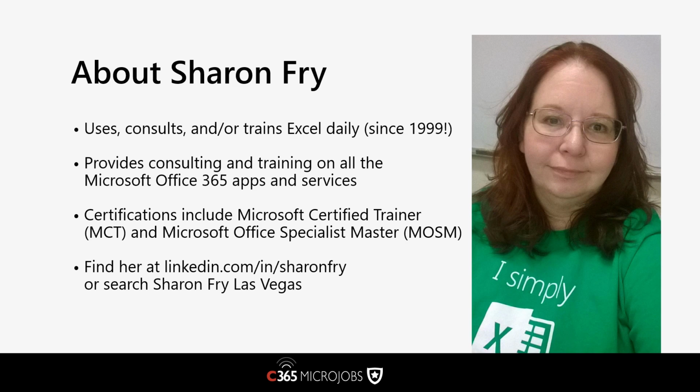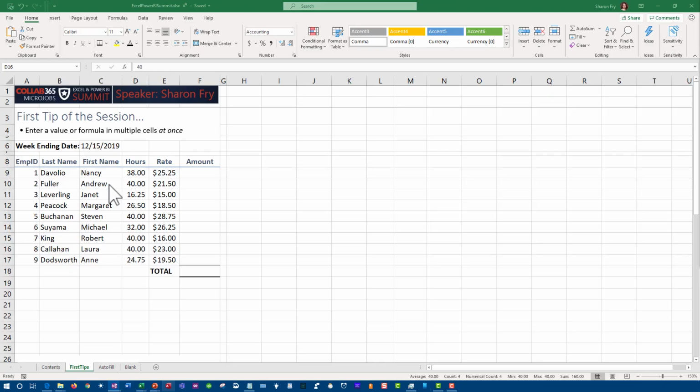Now let's get back to the demo. Typically, I prefer not to hide rows and columns, generally because you forget they're hidden and then you end up having them in your way or not realizing something's happening because it's in a hidden row or column.